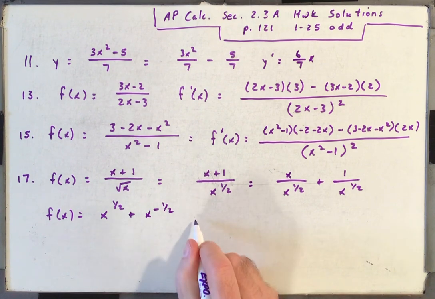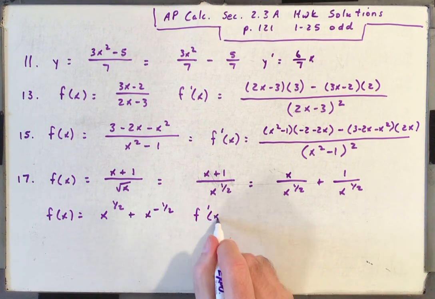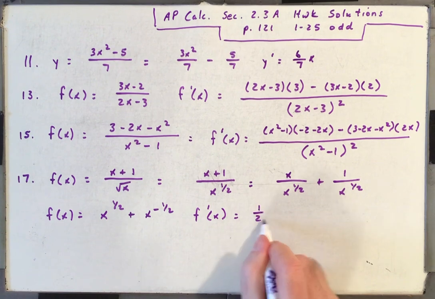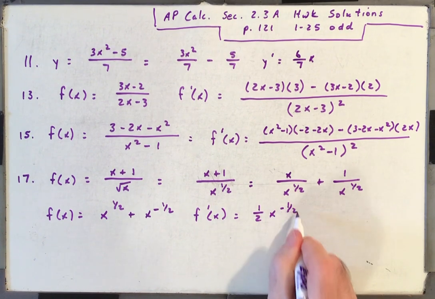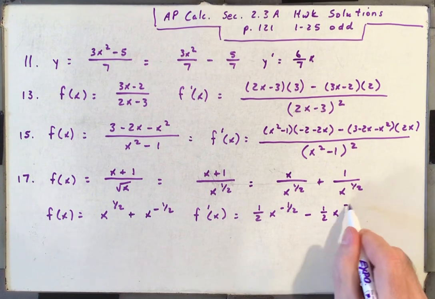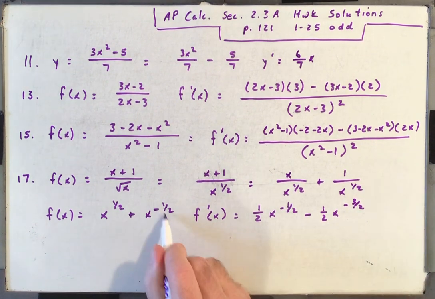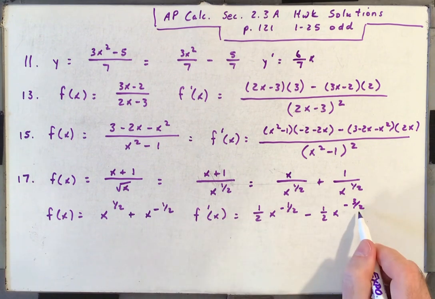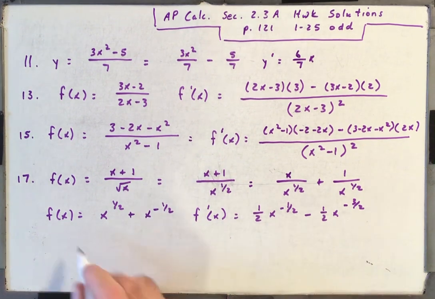And now I'm going to take the derivative. f prime of x is 1/2 x to the minus 1/2 minus 1/2 x to the minus 3/2. So negative 1/2 minus 2/2 is minus 3/2. That's the derivative. Let's clean it up.